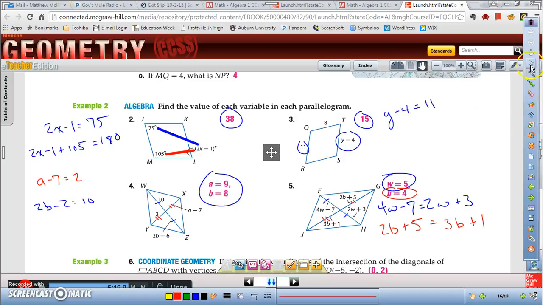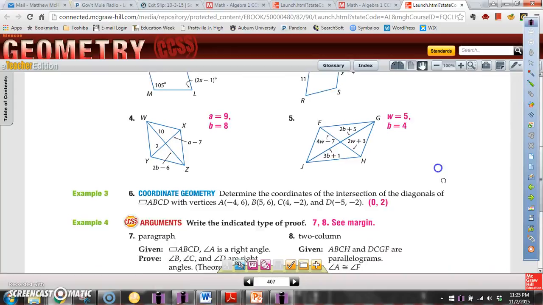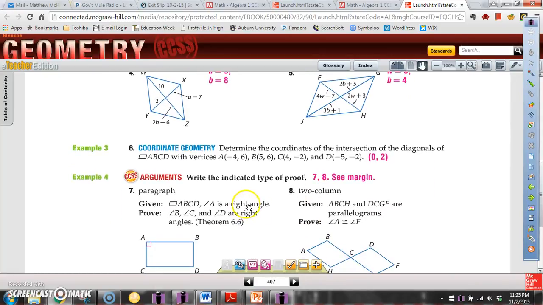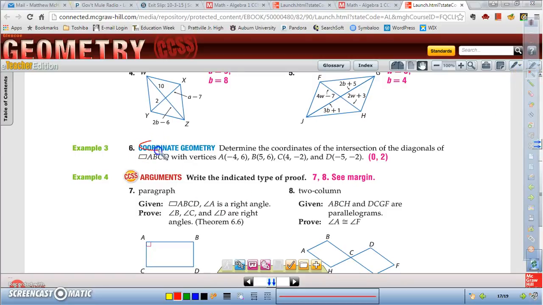All right, moving on now to number 6. Anytime I'm given a problem that has to do with coordinate geometry, and what coordinate geometry means is I'm dealing with something on the Cartesian coordinate plane here. I've got something on my x and y axis that's been graphed. And so I don't necessarily need to plot A at -4, 6. But I do know that -4, 6 is going to be in the second quadrant somewhere around in there.